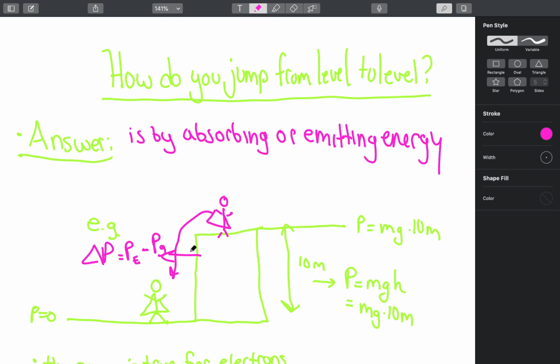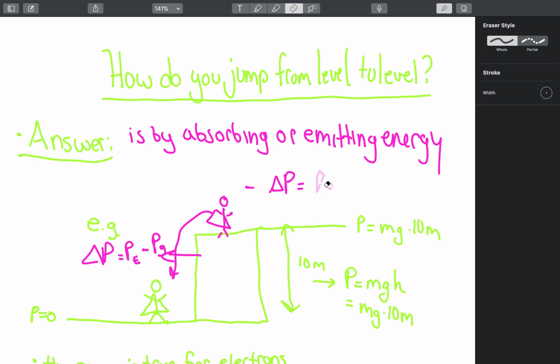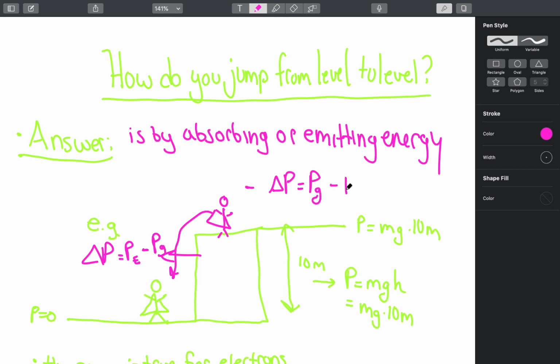So in this case, when he jumps down, the change in energy would be characterized by the potential energy associated with the ground state minus the potential energy associated with the excited state.